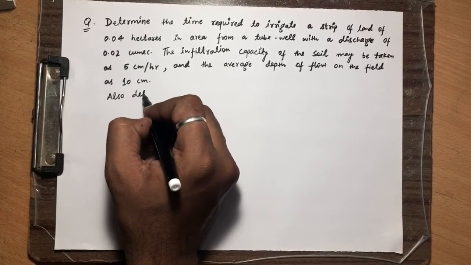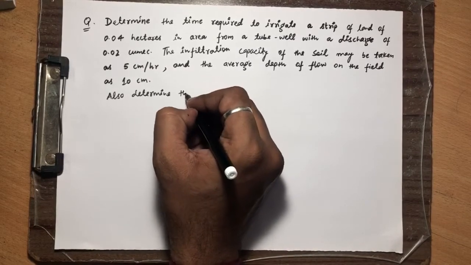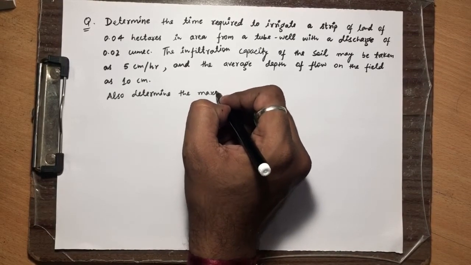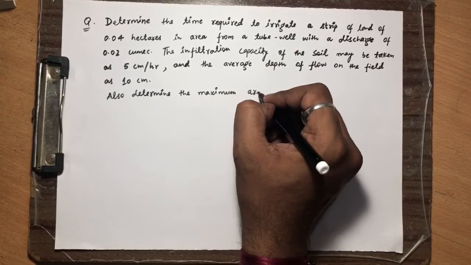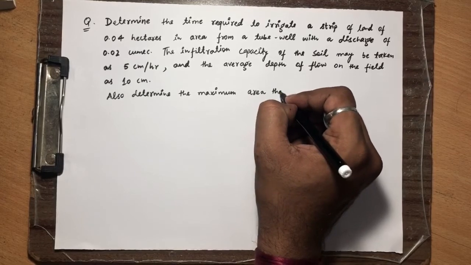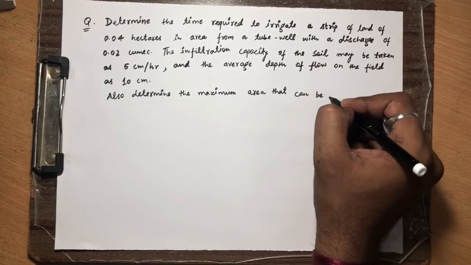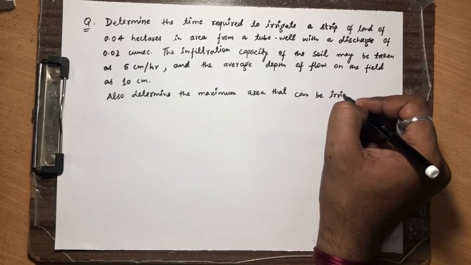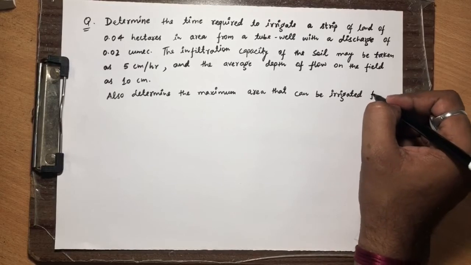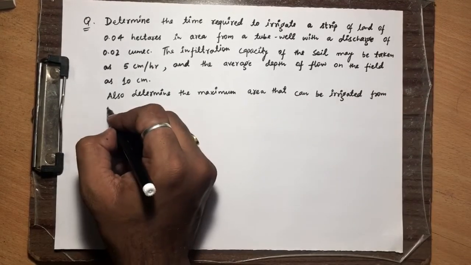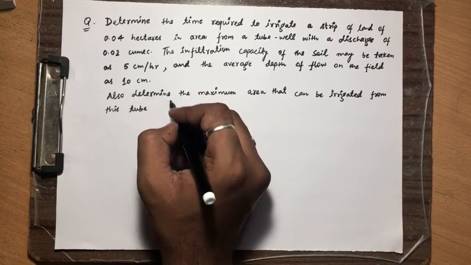Also determine the maximum area that can be irrigated from this tube well.